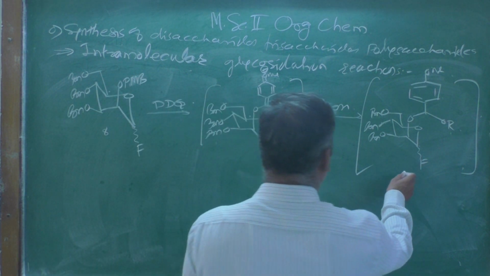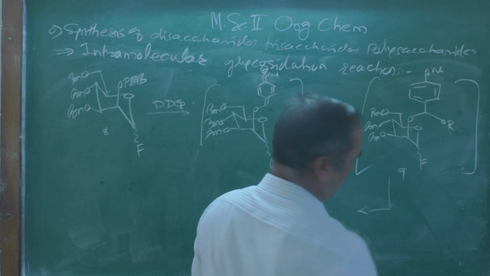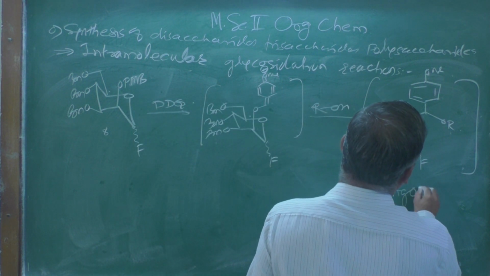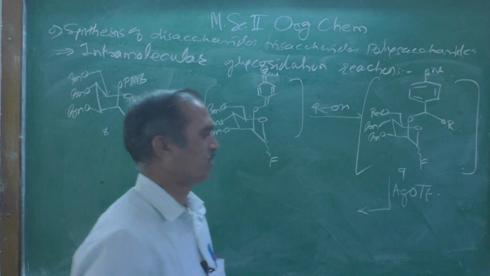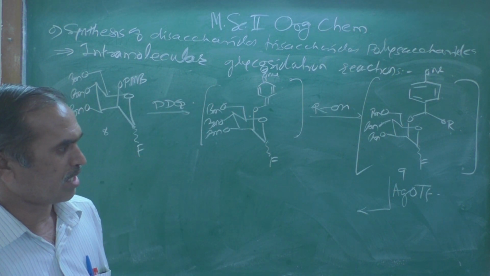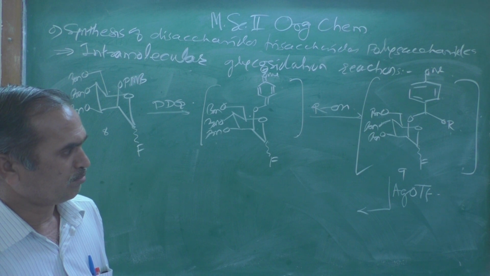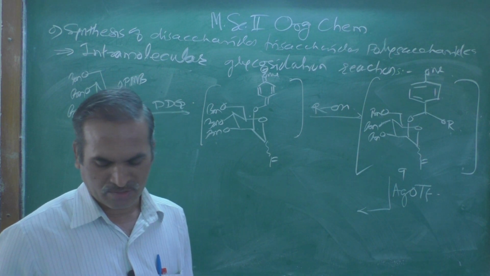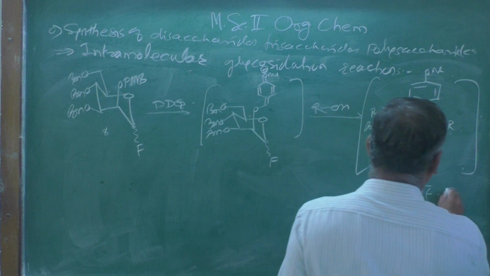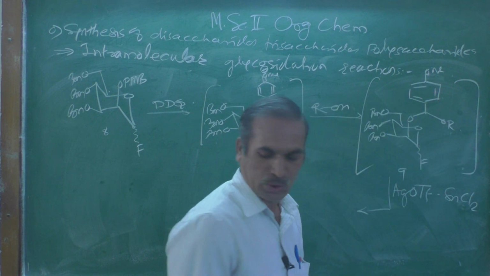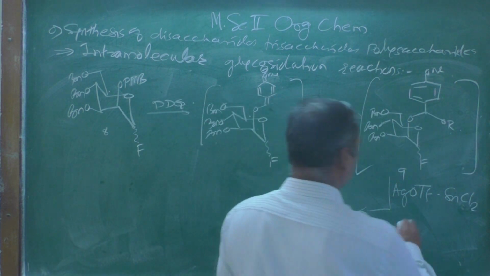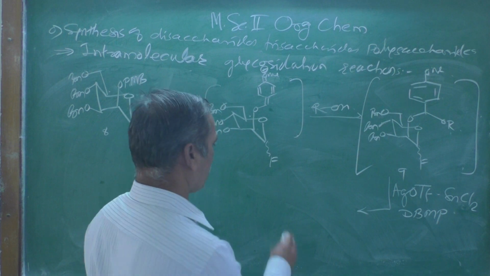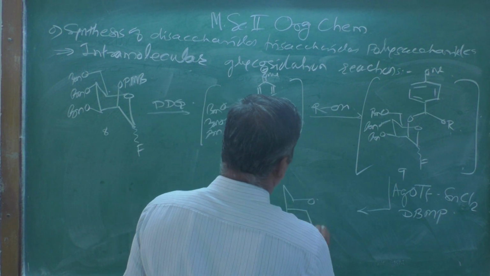This is structure number 9, and when it is treated with reagents like AgOTf, that is silver trifluoromethanesulfonate or silver triflate, in presence of SnCl2, tin chloride, and DBMP, it gives this product.